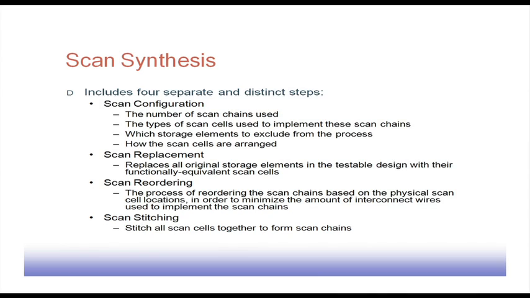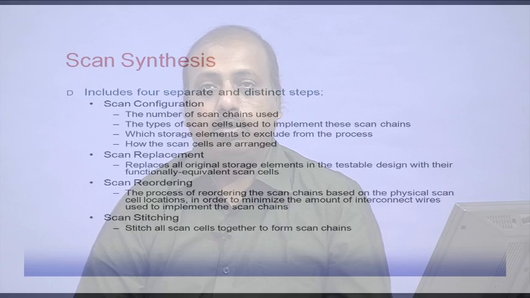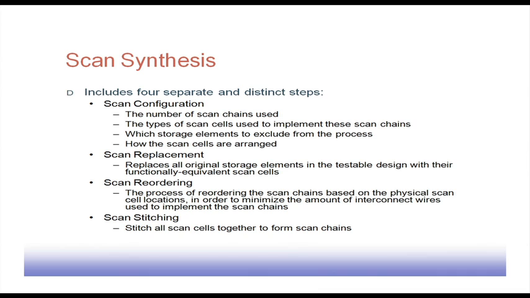The second thing is the type of scan cells used to implement these chains. We have seen that there are several types of scan cells, like the Mux-D, then the two clock, then LSSD. So which scan cells we are going to use for implementing these scan chains.